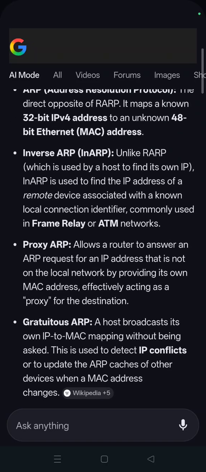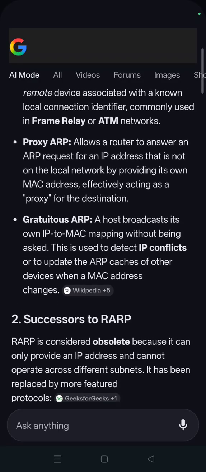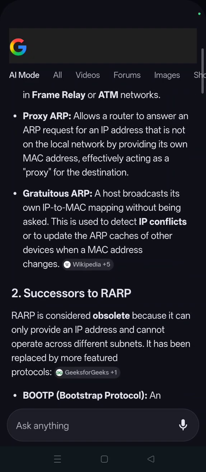Proxy ARP allows a router to answer an ARP request for an IP address that is not on the local network by providing its own MAC address, effectively acting as a proxy for the destination. Gratuitous ARP: a host broadcasts its own IP to MAC mapping without being asked.